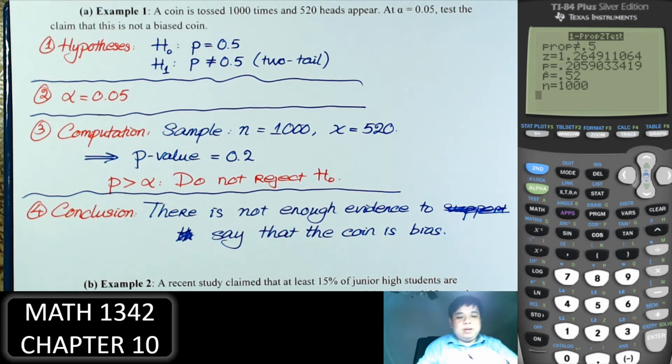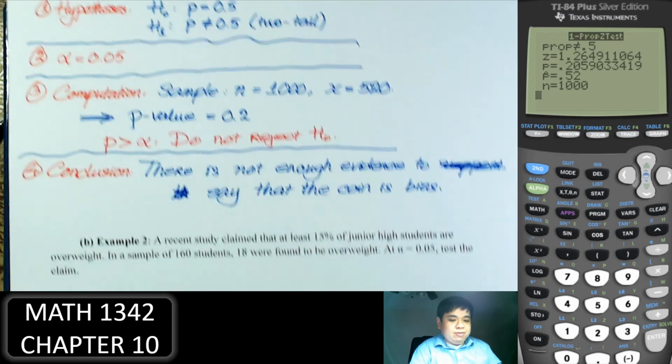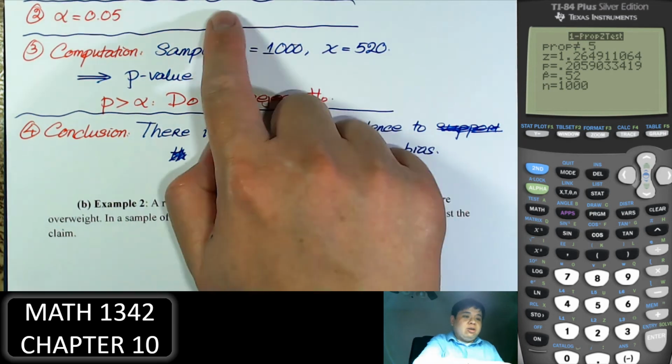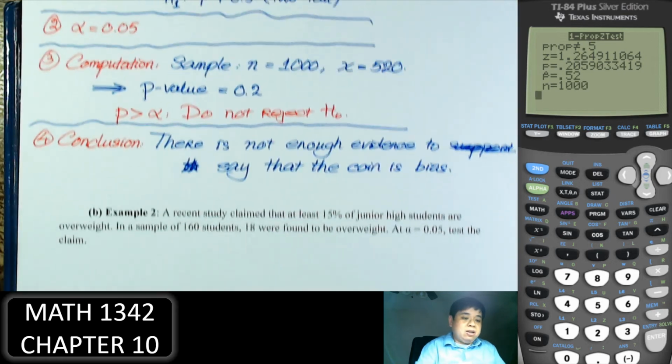Right, so if it is do not reject, there is not enough evidence to support H1. Right, so not equal to 0.5 meaning bias.